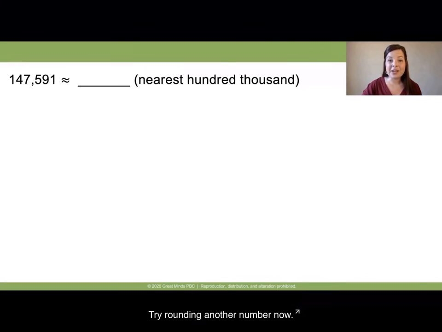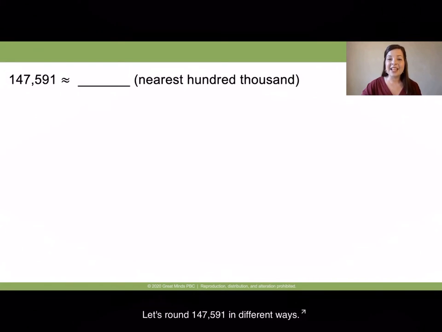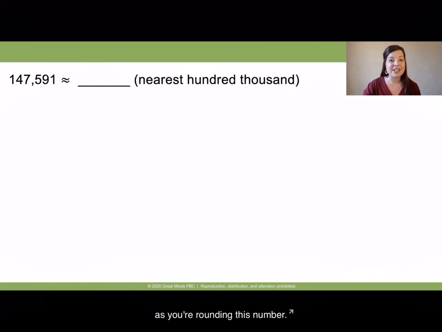Let's try rounding another number now. Whisper read this number. Let's round 147,591 in different ways. Now this time, I don't have the questions for you to look at, but I still want you to ask yourself all those same questions as you're rounding this number.